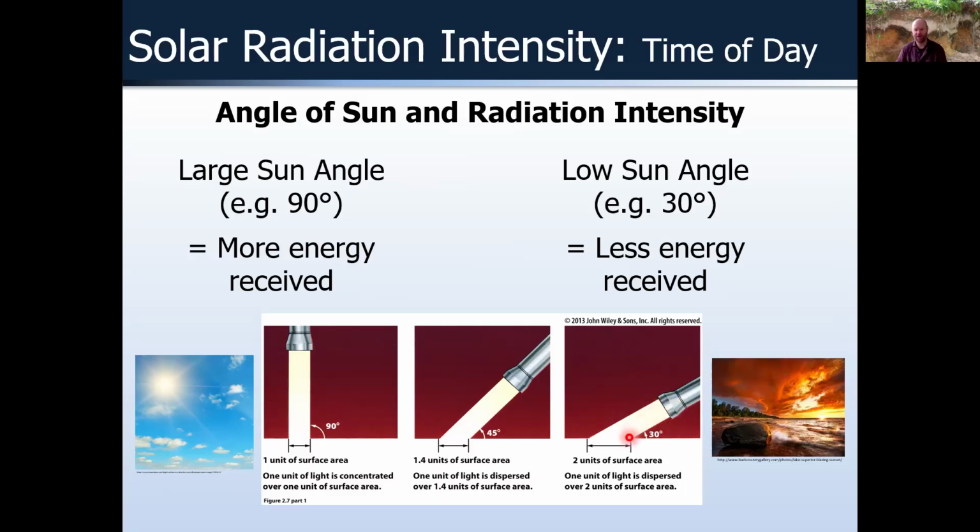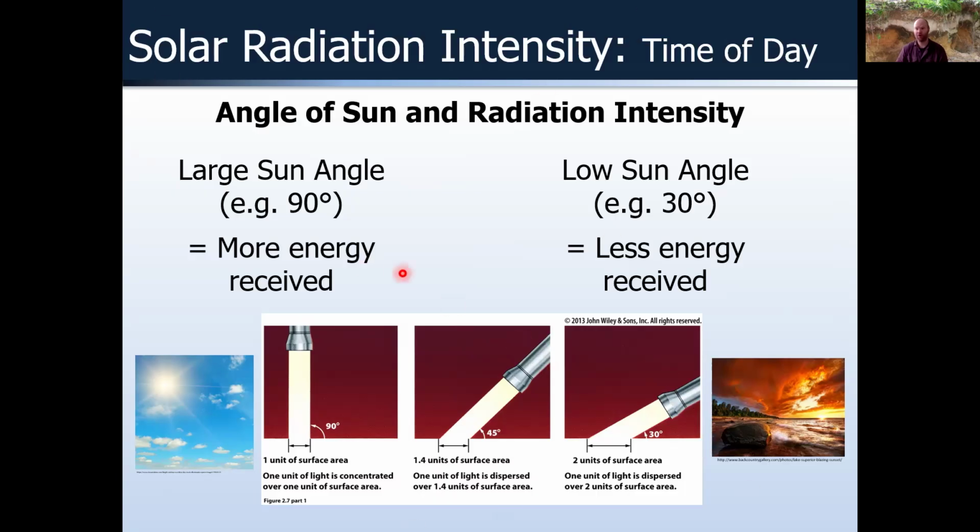However, that same energy is now spread out over twice Earth's surface. Meaning at any single point in this space, you're receiving less energy per unit area, because that same energy is now being spread out over twice, or even as it gets lower, more of Earth's surface.